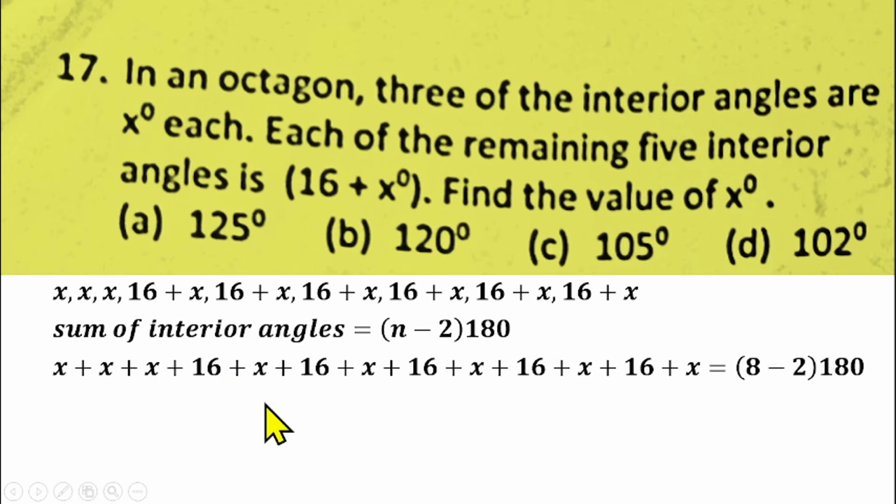Okay, this one is correct now. If our n is 8, which is 8 sides for an octagon, you have 8 minus 2 multiplied by 180.